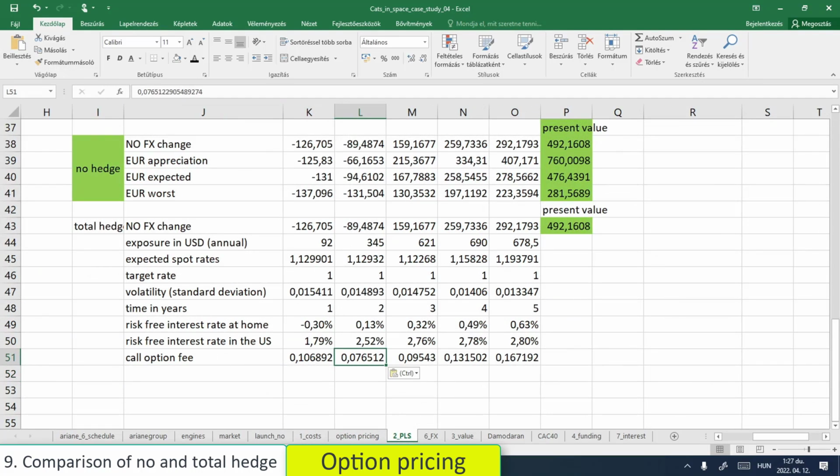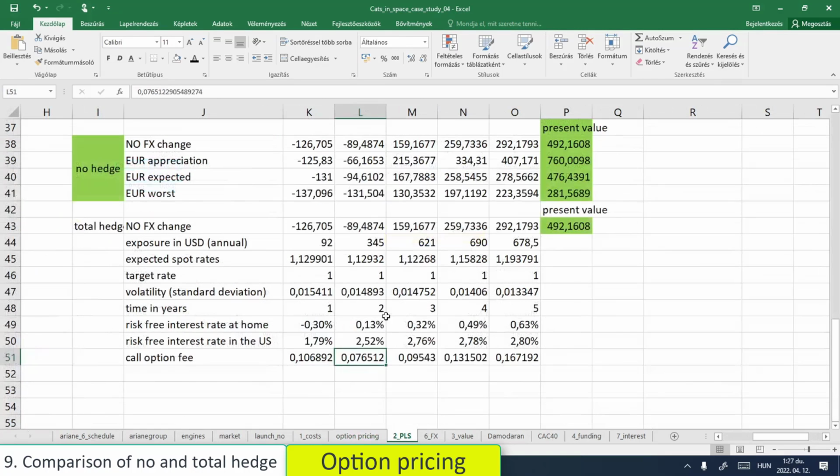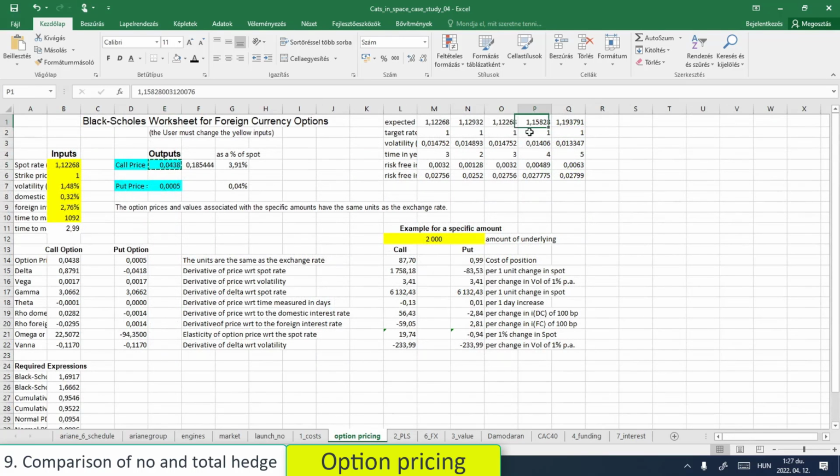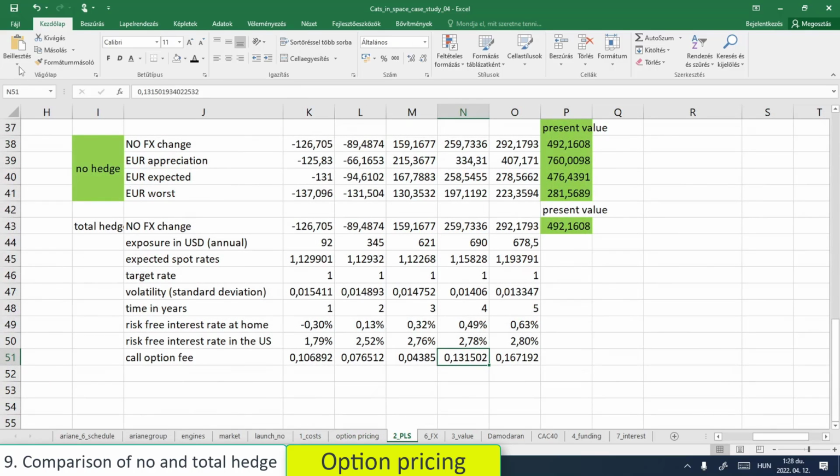So let's copy and paste everything again. It was a wise decision, just not careful enough. Yeah, we can see that the longer the option is, the cheaper it gets. Okay, this one is updated.